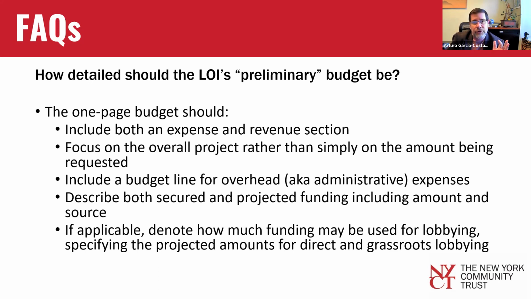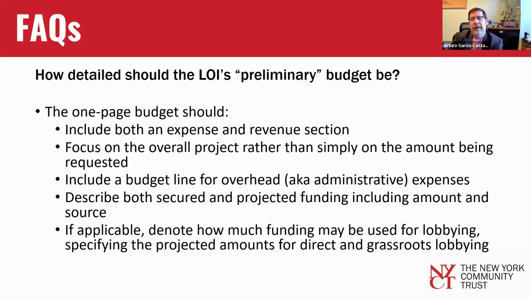The expense section should include things like personnel, that's a combination of staff time and fringe, and program costs or other than personnel services, which can be a combination of any number of things: meetings, travel, communications, direct action, consulting, contracted services, all of those things that fall into the program's costs bucket.